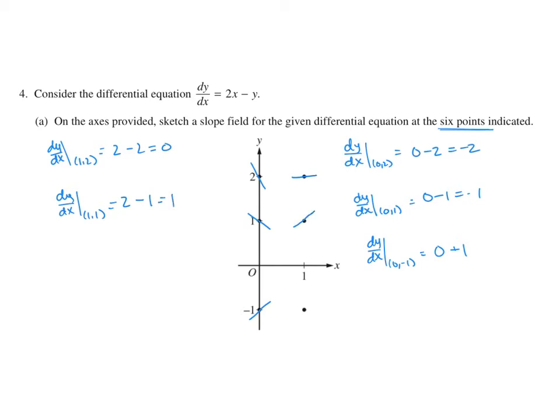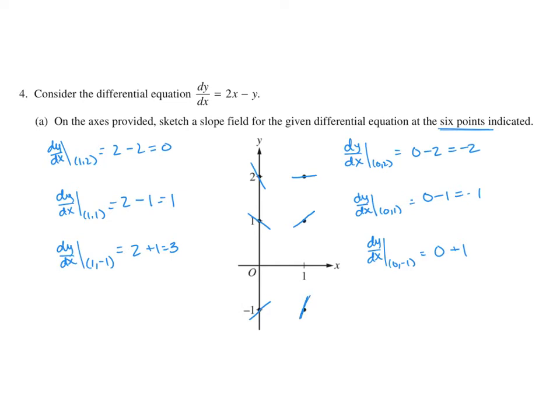And then we need to do (1, -1). Usually when you have a problem like this, they'll only ask you to do a few points. You don't have to do an entire big field like we saw with the first problem. So 2 times 1 minus negative 1, that's a slope of 3. So that should be steeper.